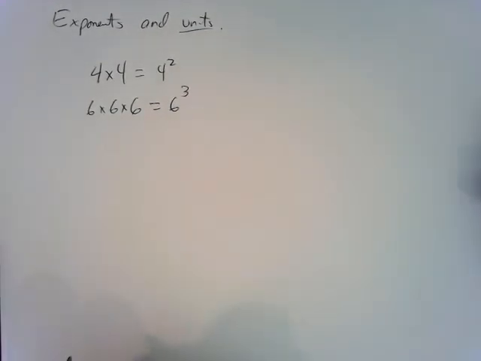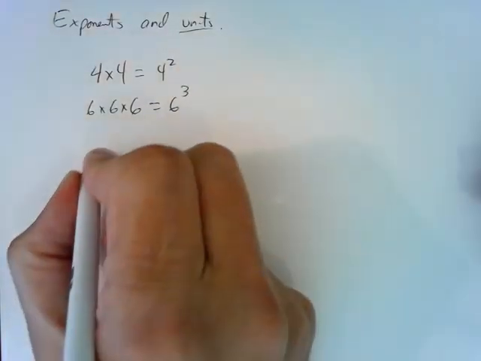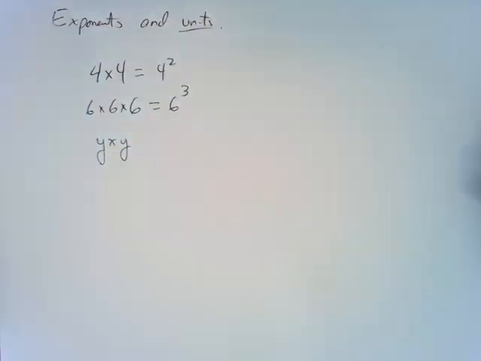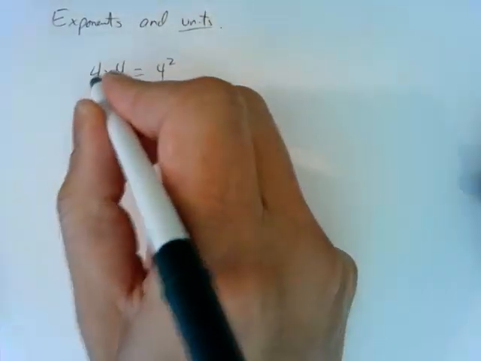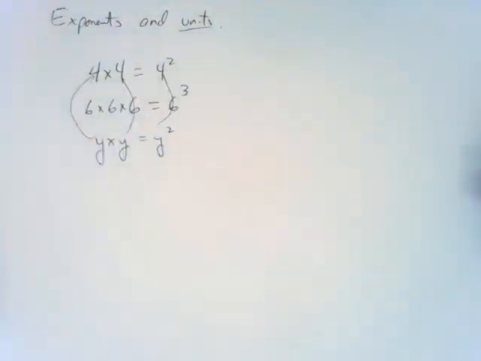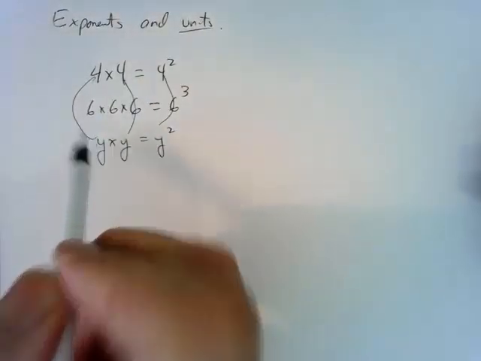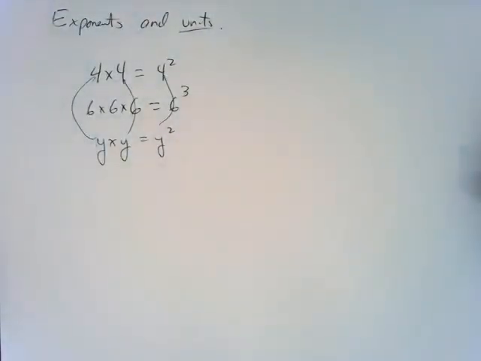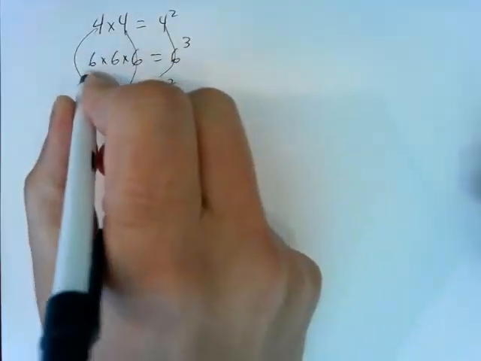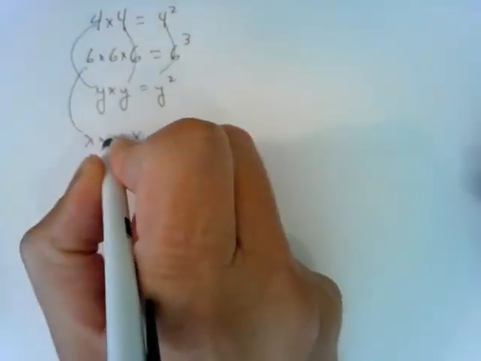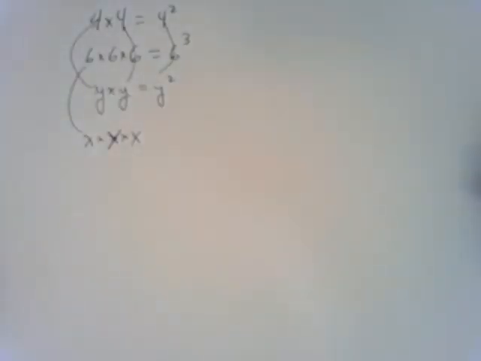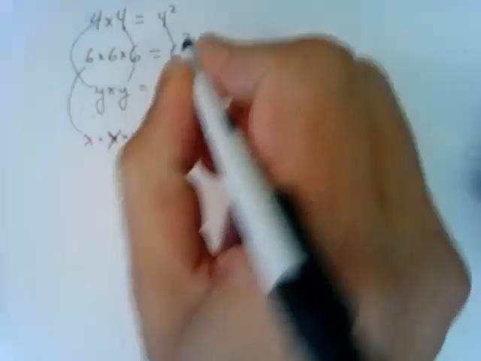Now, if we were to extend that to variables, let's say, if we were to do y times y, we could express that as y squared. So we see a direct correspondence to whatever we're doing. Wherever we see the number 4 here, we can plug in the number y and it works just the same. We could similarly substitute x for 6, and we have x times x times x.